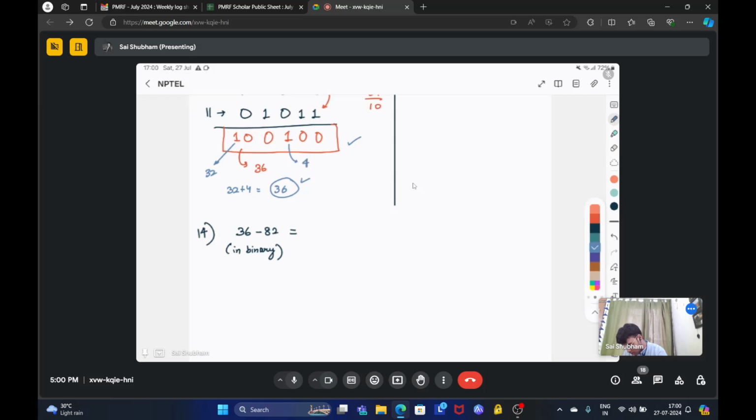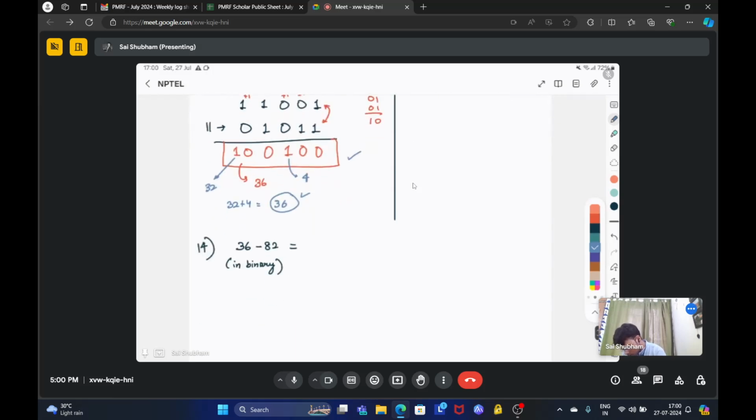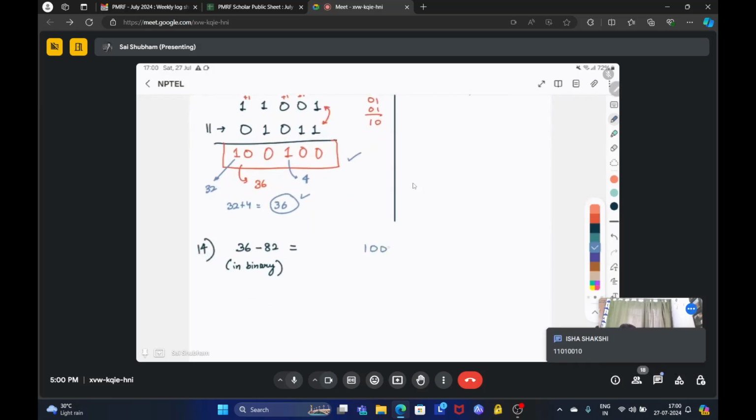So I will discuss the solution now. So 36 is 100100. Okay. So this is 36, and we are doing it in 8 bits, right? So we will have to add two more zeros.